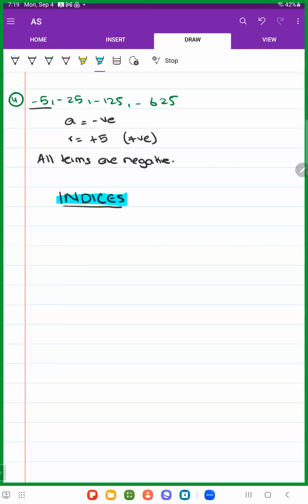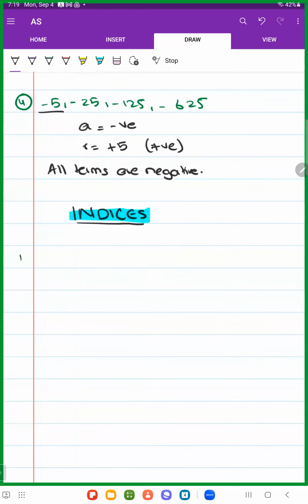I'm sure you've studied it before. First, if there is a^m into a^n, what will be my answer? A to the power m plus n. Yes, as long as the bases are same and they're being multiplied, the powers get added.